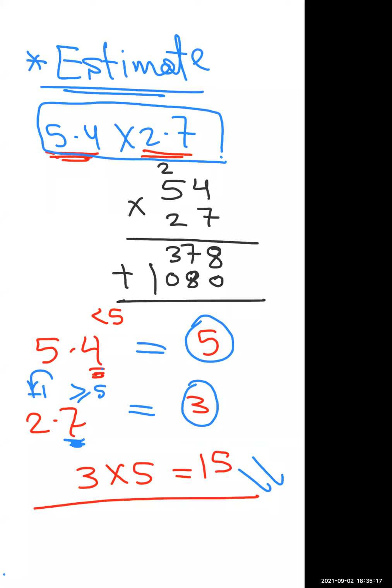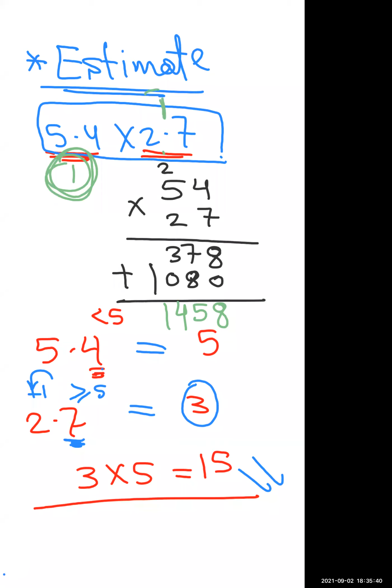So the answer here will equal 8 plus 0 means 8. 7 plus 8, 15. 5 and carry over 1. 1 plus 3, 4, plus 0, 4. Then 1. Now the answer will equal 14,58. Okay, check the decimal places. Here, 1 decimal place.